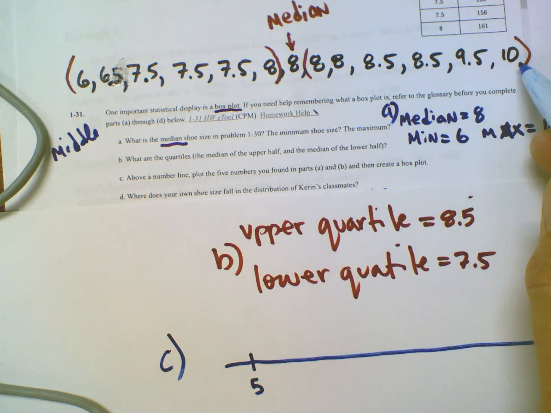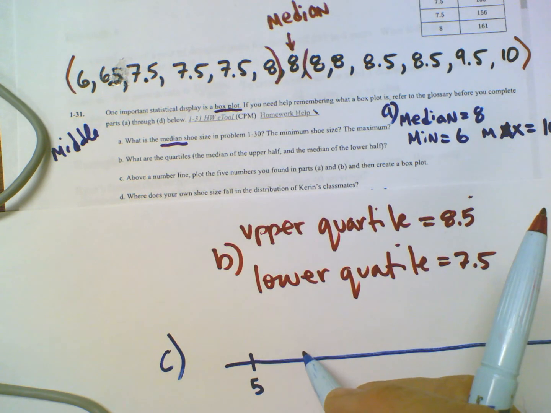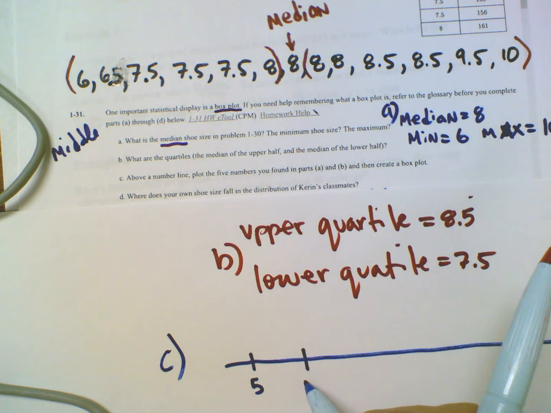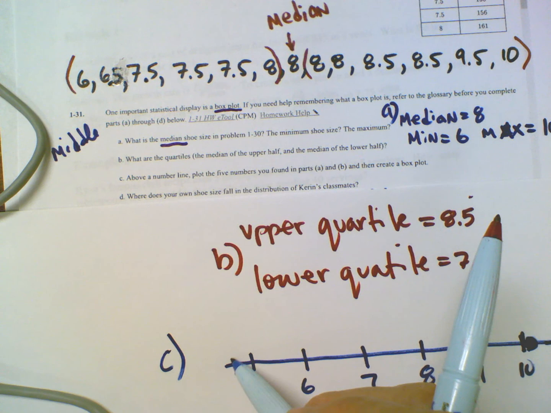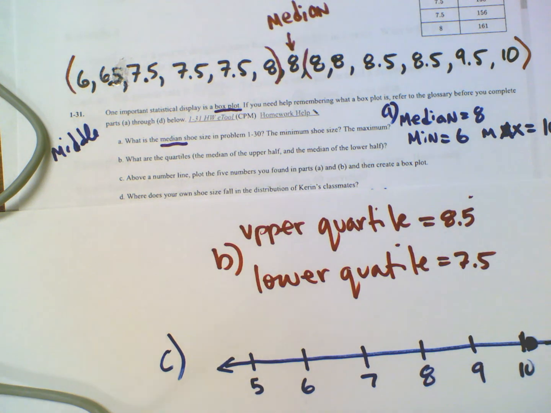Our range is 4. So I'm going to space this out, and that's 6, 7, 8, 9, 10. And then the last number I will go one more over is 11. So you want your number line usually to exceed your lowest number and your highest number.